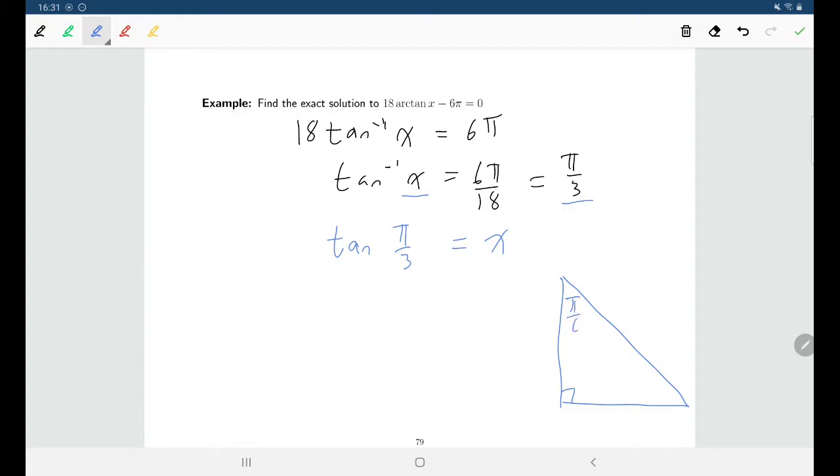That's our 30, 60, 90 triangle. And for tangent of pi over 3, that would be opposite over adjacent, or root 3 over 1, which is just root 3. So my solution for this equation is just root 3.